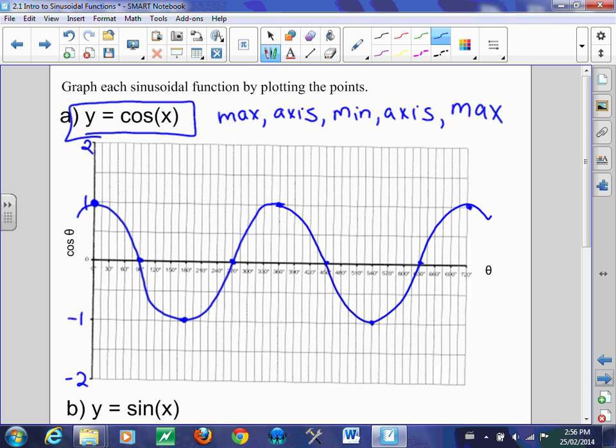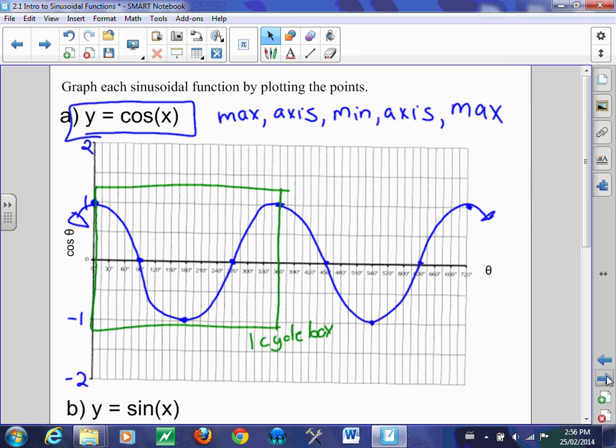And notice here, ladies and gentlemen, I'm putting arrows on both ends because they continue. But for the purpose of this course, I will always want you to box in one cycle. So where it starts and where it ends in terms of one cycle. So we call this the one cycle box. Okay? All right.